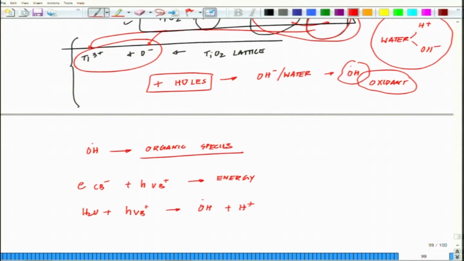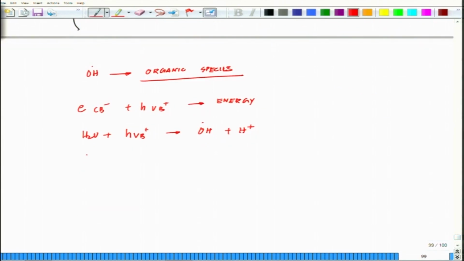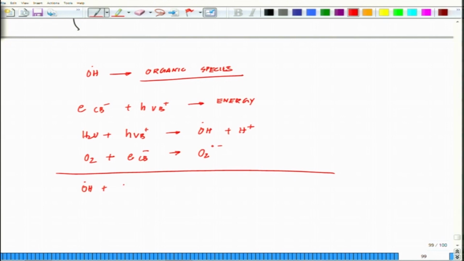Now, on the other hand, the next set of reactions: oxygen plus e-CB in the conduction band generates another free radical, another reactive oxygen species. Here is the next reaction where you have OH dot plus the pollutant generating H2O plus CO2.